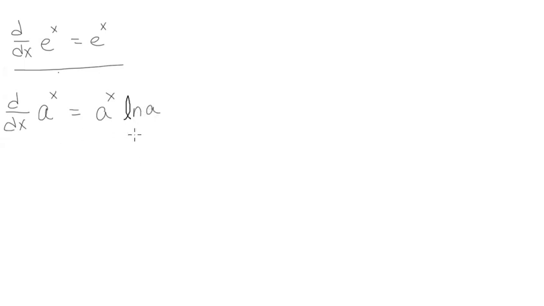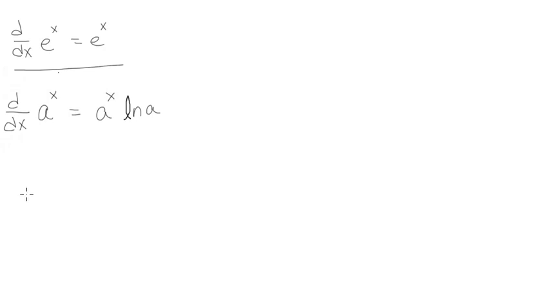So you'll see that this specific rule for the exponential with the base of e works out for the more general form because, of course, the natural log of e is equal to 1.